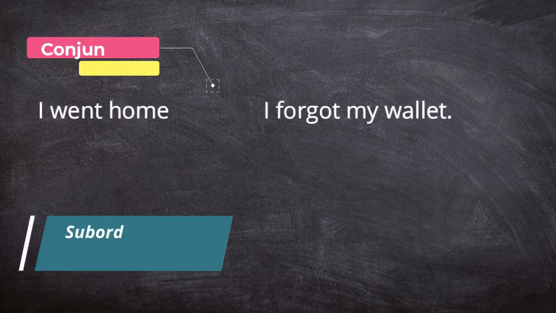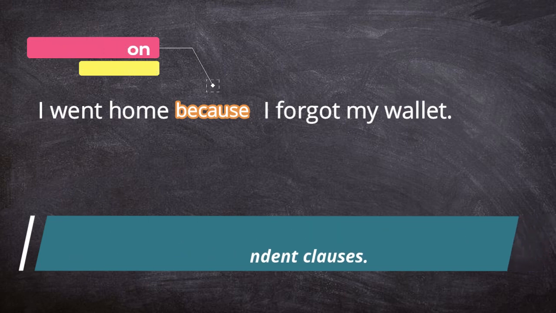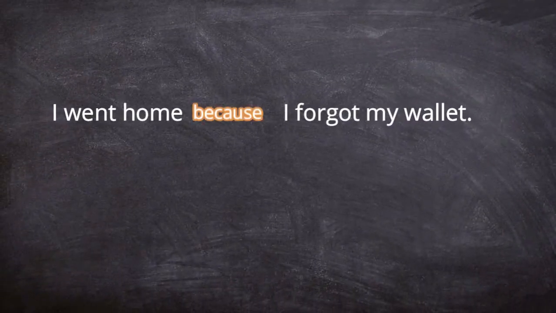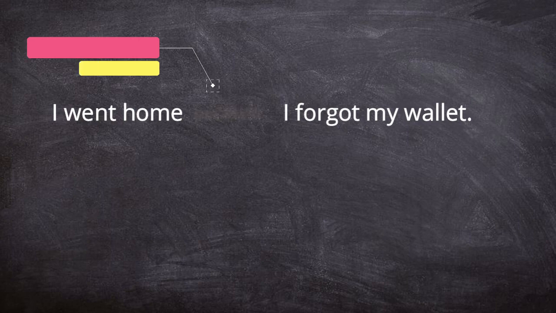Alright? So, tandaan na ang subordinating conjunctions combines or connects independent and dependent clauses. Ang sugnay na makapag-iisa at ang sugnay na hindi makapag-iisa. Pwedeng mag-compose ang ating complex sentence ng isang independent and two or more dependent clauses.